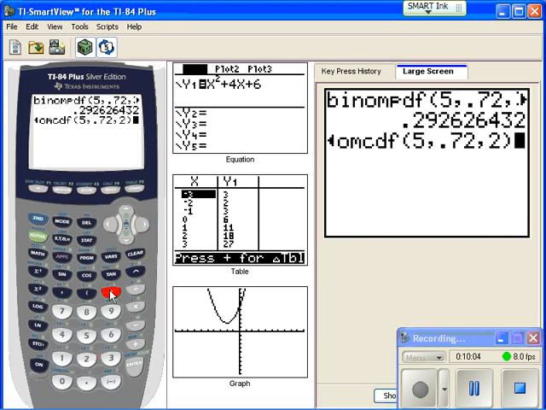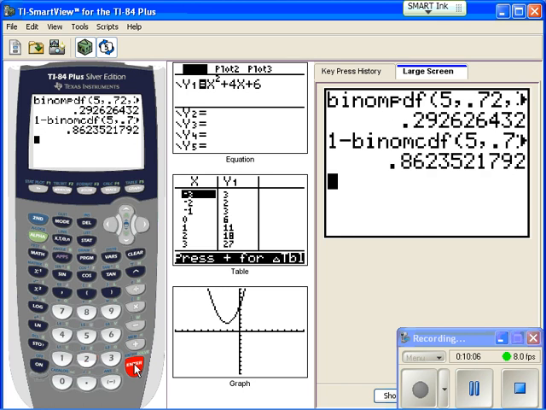So I put 2 in and hit enter. And it's going to go 1 minus 0, 1, and 2. So the probability of having 3, 4, or 5 is 0.86. It did all the work for me. Otherwise, I'd have to take 0.2926 plus the probability of 4 plus the probability of 5, and add them together. So it's not a lot of work either way, but it can be done right on a calculator.